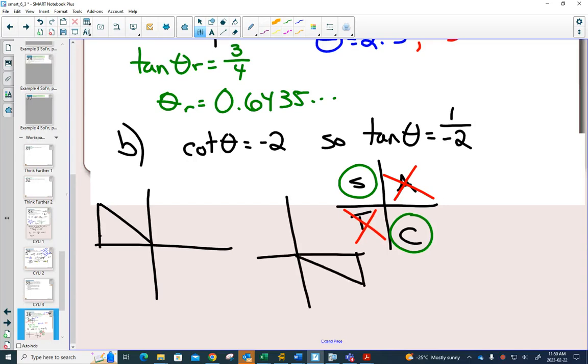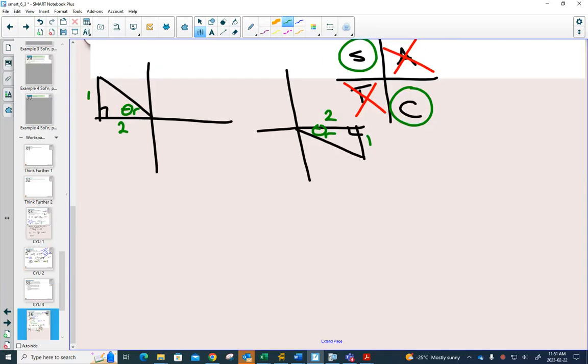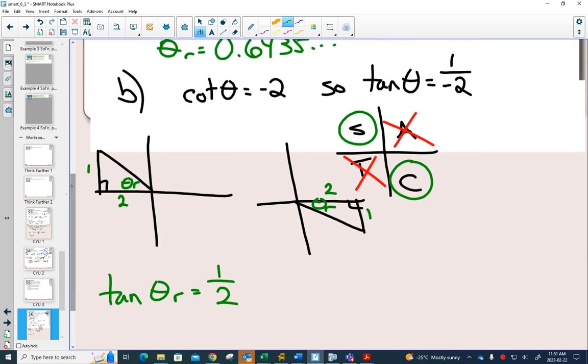In both situations, I can go back to the nearest x-axis, which lets me label my reference angle. And since tangent is the opposite over the adjacent, I can label those 2 sides. And this allows me to find my reference angle. Right, tan of my reference angle, opposite over adjacent, right?